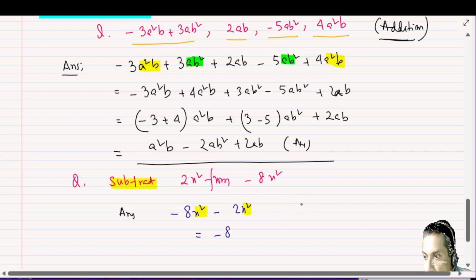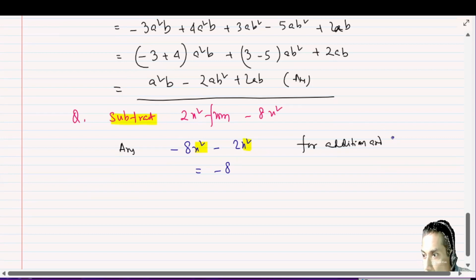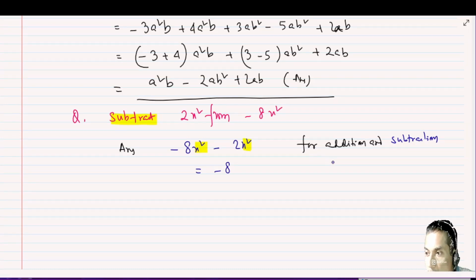For addition and subtraction, always calculate with like terms.